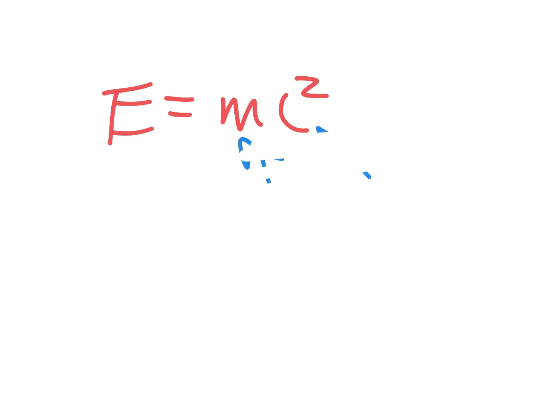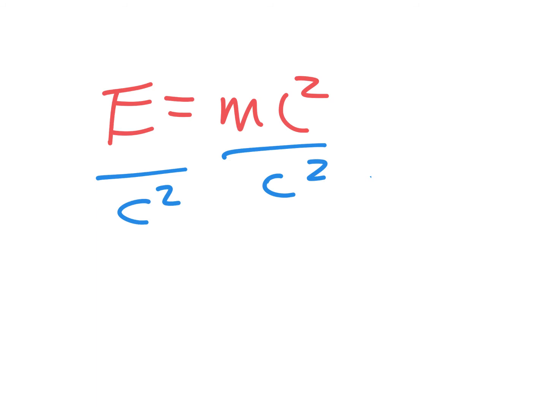Maybe a little too easy, huh? Just want M alone, you just have to divide by C squared. There you go. Oh wait, I just crossed the wrong thing out at the end. There we go. E over C squared. It's just as good in an equation. I mean, it's just rearranged.